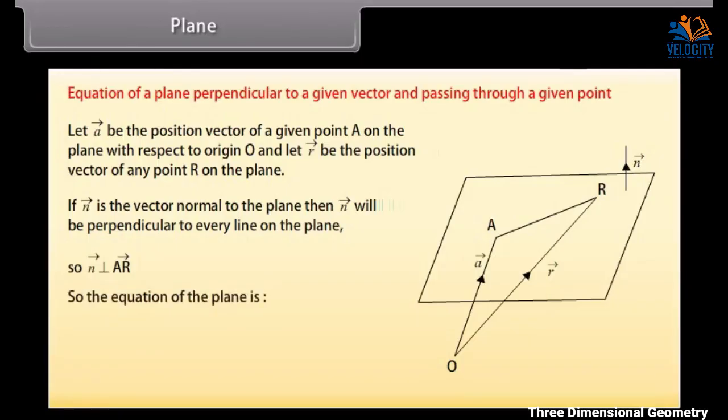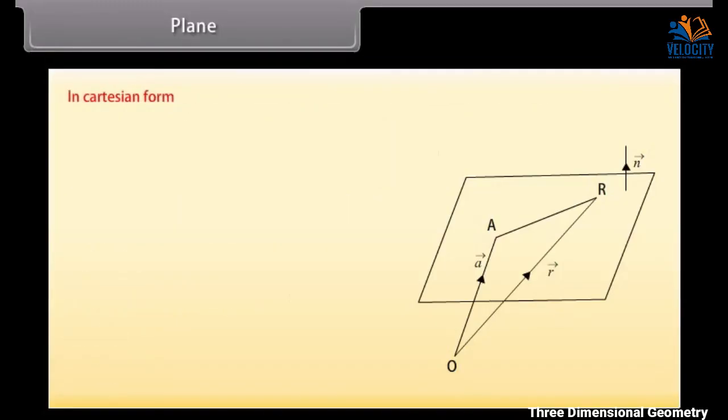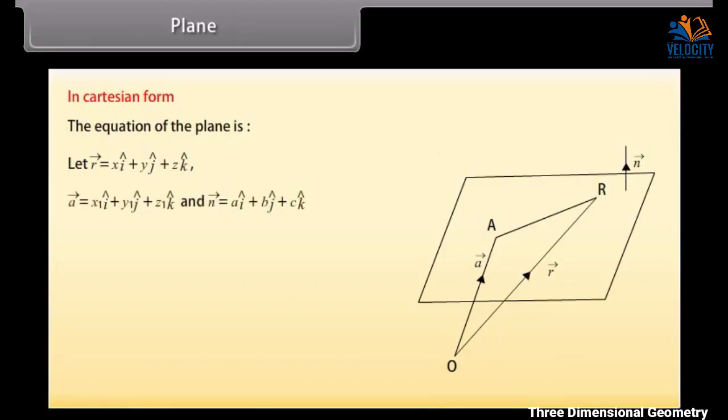So the equation of the plane is dot product of vector AR and n equals 0, or dot product of vector r minus vector A and vector n equals 0. In Cartesian form, the equation of the plane is: let vector r equals x i cap plus y j cap plus z k cap. Vector A equals x1 i cap plus y1 j cap plus z1 k cap.